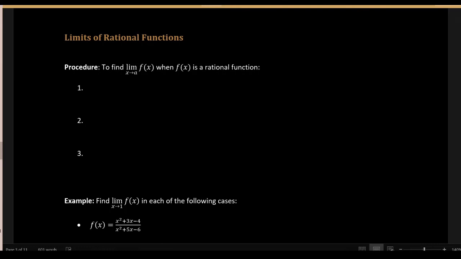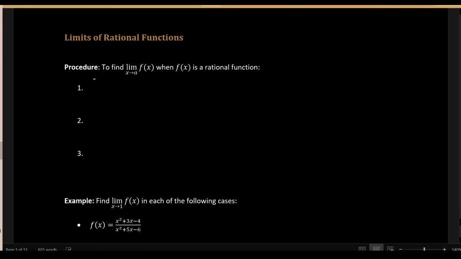The other important class of function that was not covered by that rule of thumb was the class of rational functions. If you're trying to find the limit of a rational function, you may not be able to just plug in x equals a and get the answer, because rational functions might have holes. Instead, what we're going to do is basically clean up the rational function and remove the holes.